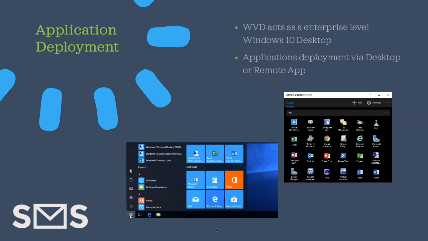So generally on a WVD solution, we're finding a lot of clients at the moment basically taking advantage of the Office 365 suite stack, so that we can incorporate it within the WVD image as it is from the get-go.